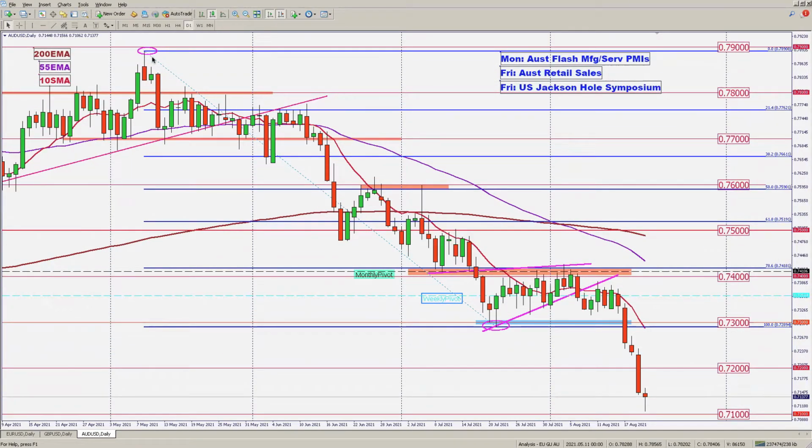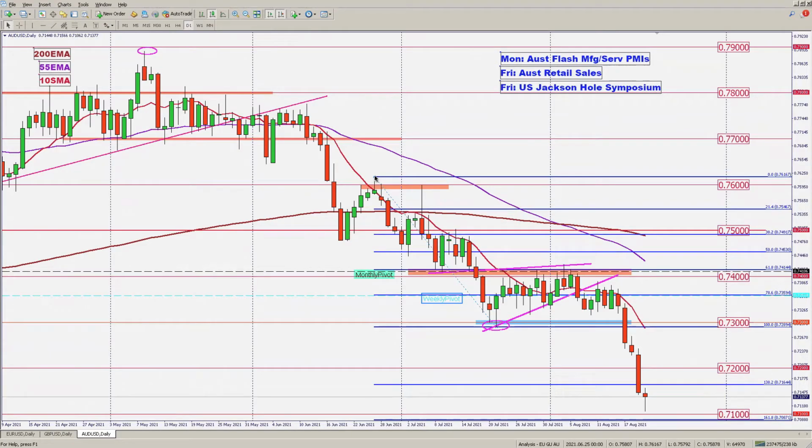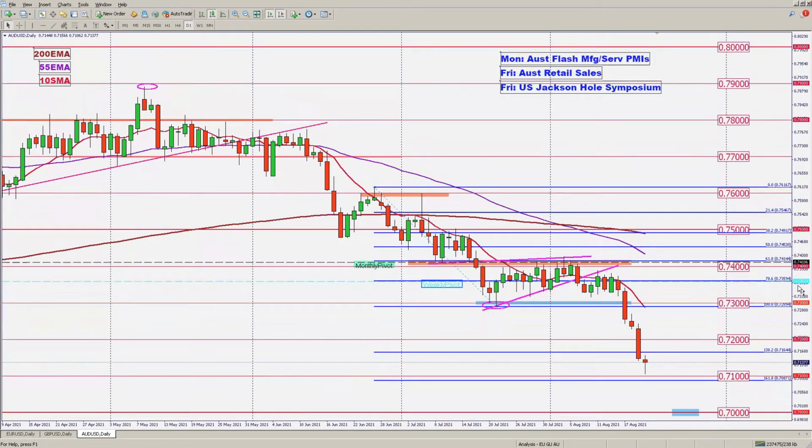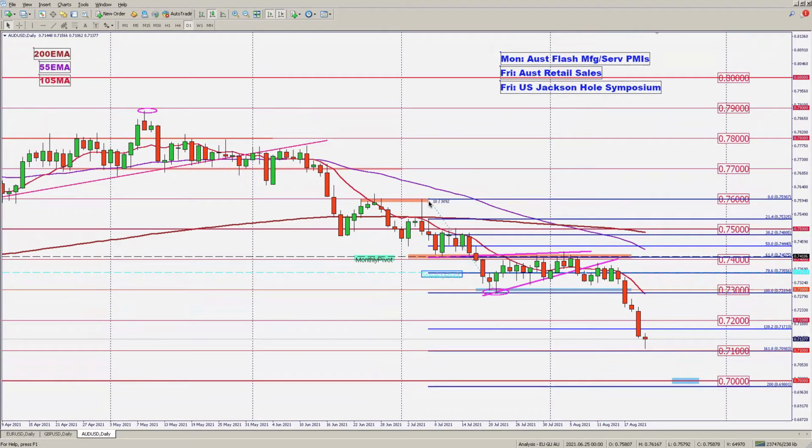Now this swing could be a bit high, and from this double top area, the recent move down, that's the potential target for just below 0.7, and that's at 0.6980.